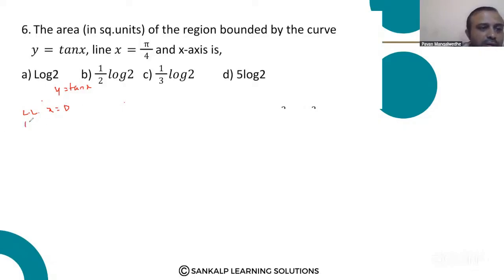The upper limit, I'll write it as UL, that is x is equal to pi by 4, already given. So on the x-axis we already know that y will be 0.